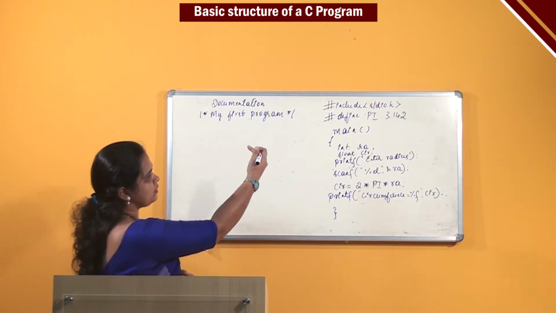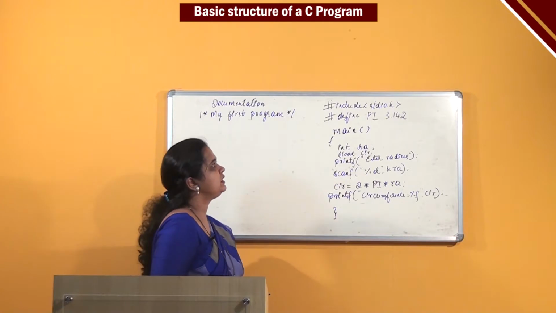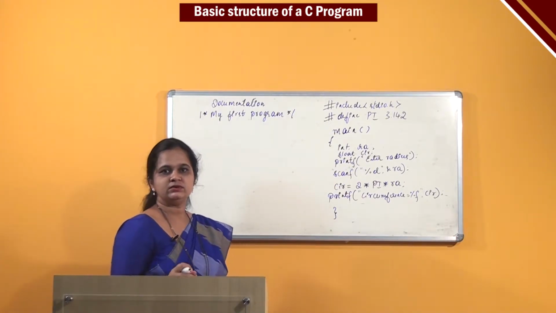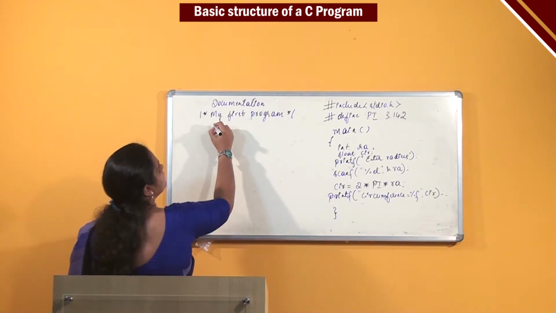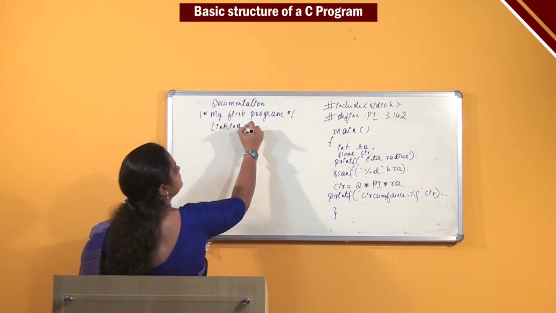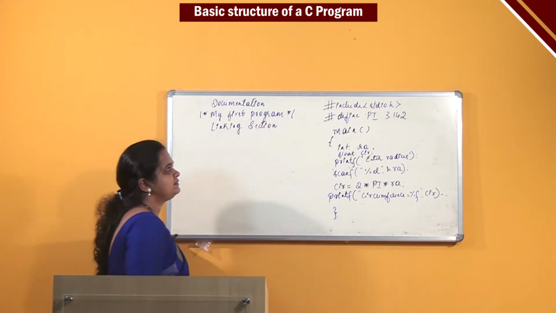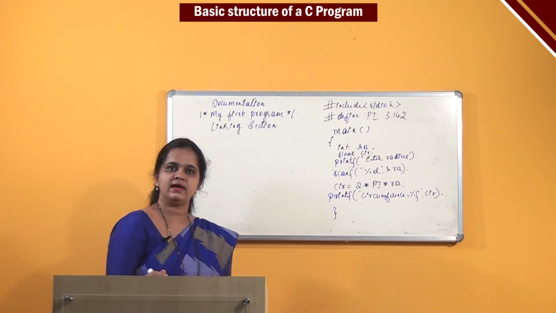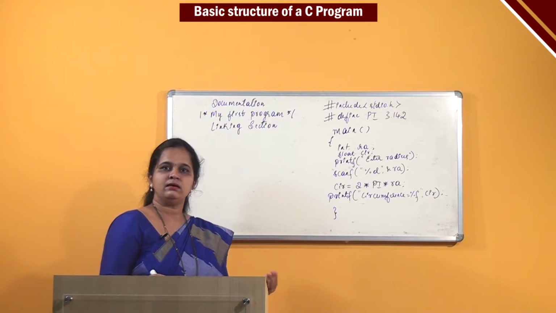Next is what you can see here, the #include <stdio.h>. The #include <stdio.h> is a header file, called a preprocessor or linking statement, a linking section. The linking section, or the preprocessor statement, says that I am going to link these particular things to my program.